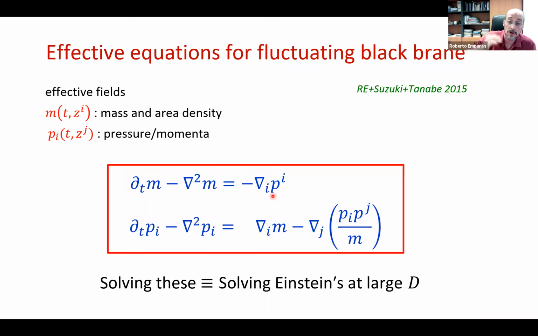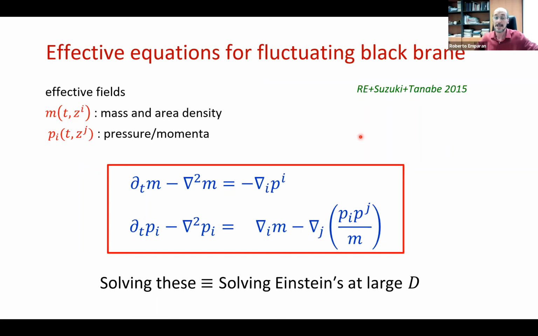You can also work out corrections to these equations, and we have them. We, and other groups, have worked out corrections to these equations that come with suppression factors of 1/d. But for this talk, I'm only going to focus on the leading order equations, which are, as I say, these ones.